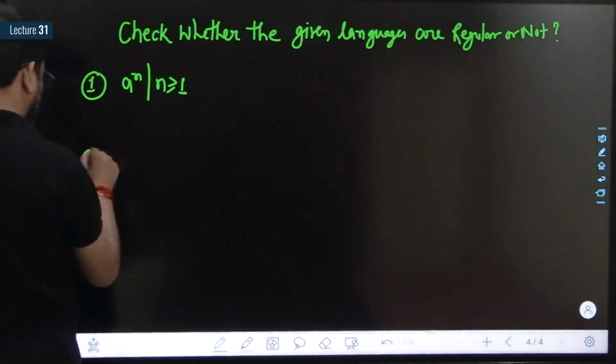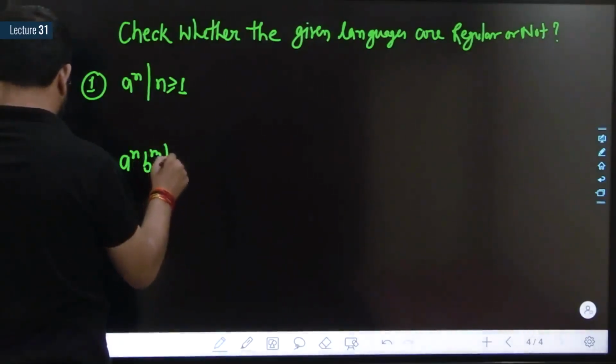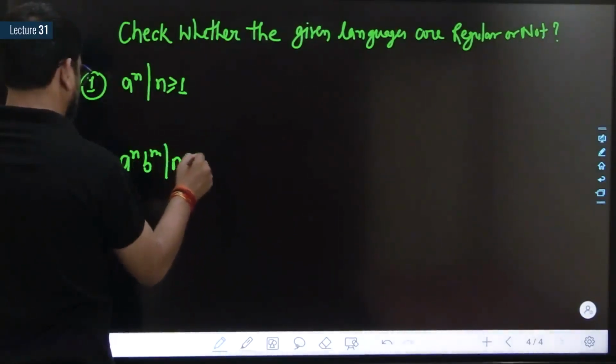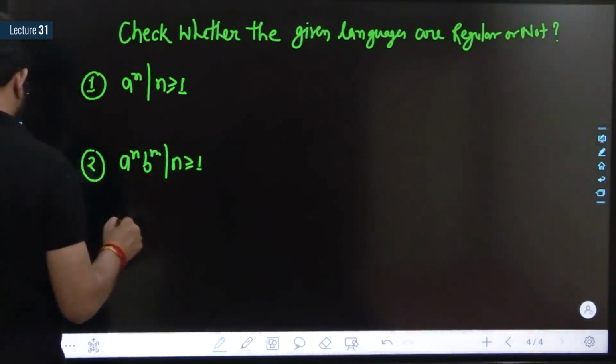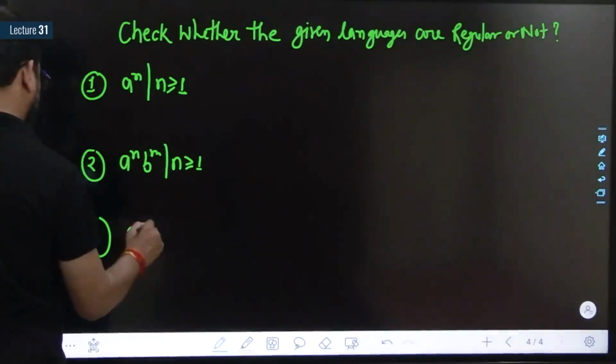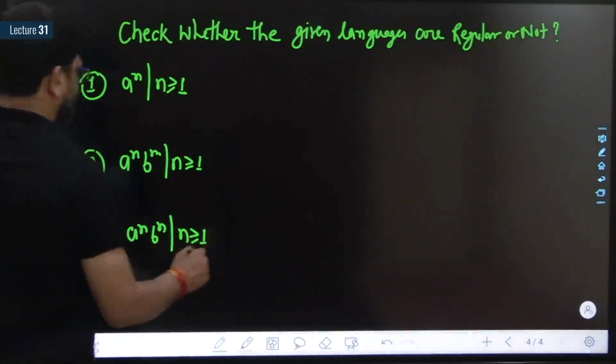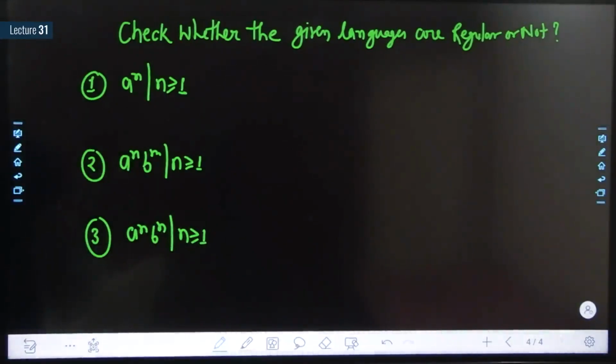Second, a to the power n, b to the power m such that n is greater than or equal to 1. Third, a to the power n, b to the power n such that n is greater than or equal to 1. Now check whether these are regular or not.